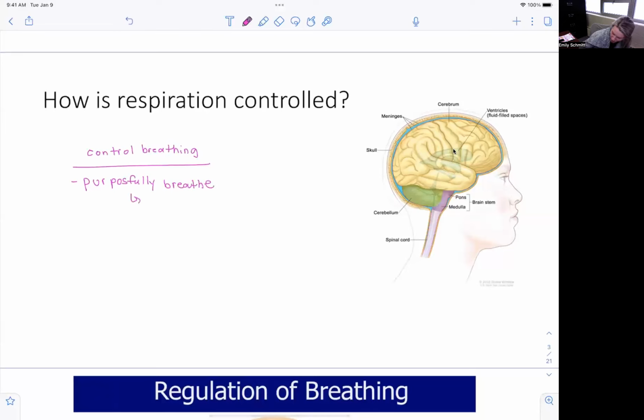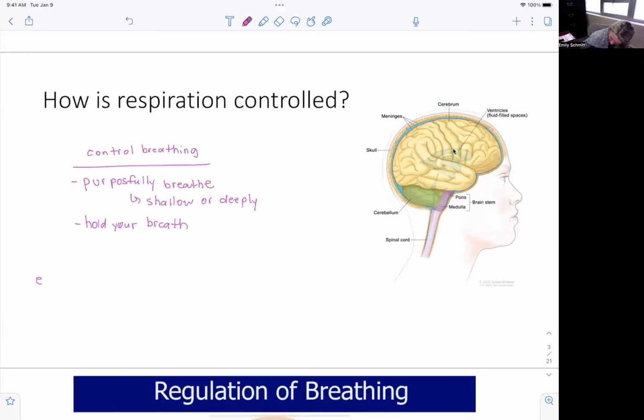You can either breathe more shallow or more deeply. So even though it's involuntary, you can control your respiration, and you can also hold your breath.